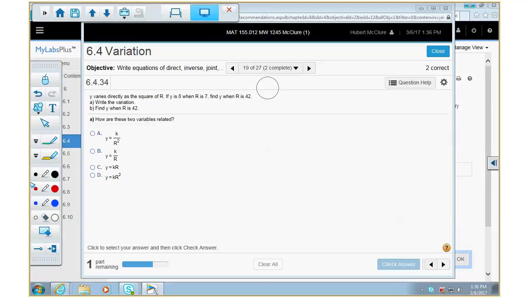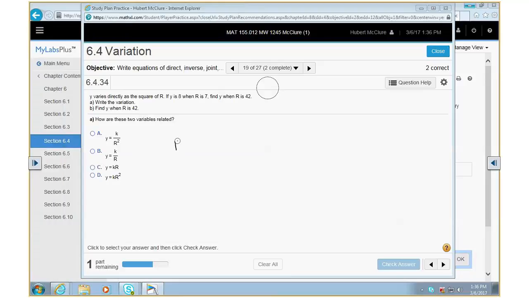So, y varies directly as the square of r. So first of all, y varies directly as the square of r. So y varies directly is what we're going to use. But y is going to stay the same, but what is x going to turn into? Big R. And then what are we going to do to r? That takes care of this.